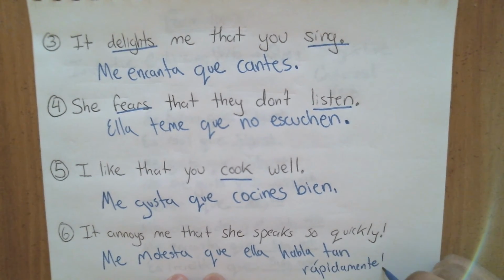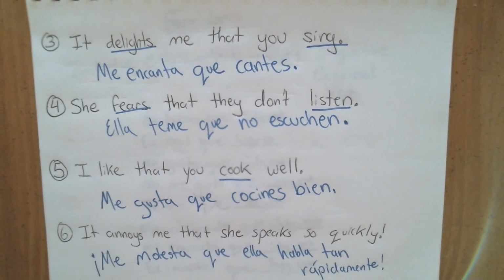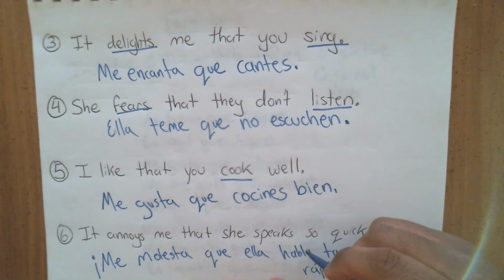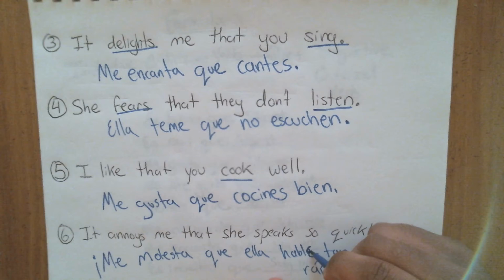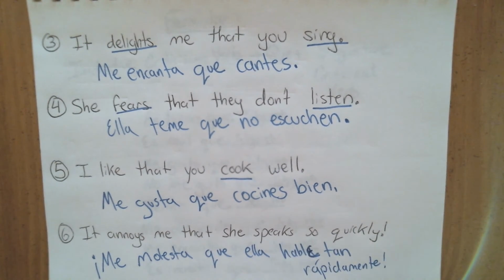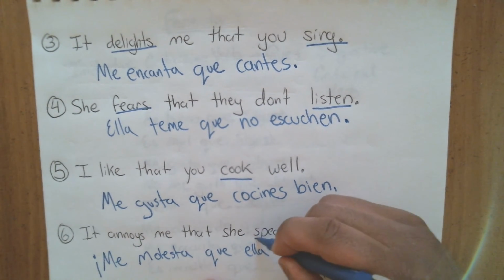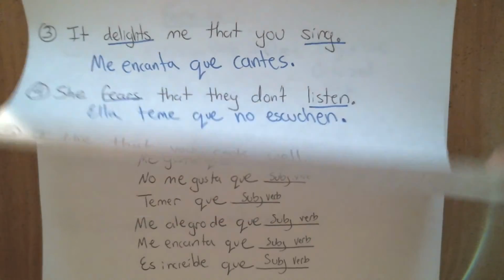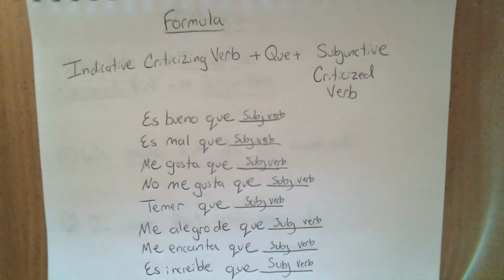Is that correct? See? Did it again just to keep you on your toes. No, it would not be hablar, it would be hable, right? Remember, because the verb that is being criticized is going in the subjunctive. It annoys me that she speaks so quickly. So you got to stay on your toes and remember that. When you're giving a criticism, be it positive or negative, it does not matter. The verb that is being criticized is going to go in the subjunctive.